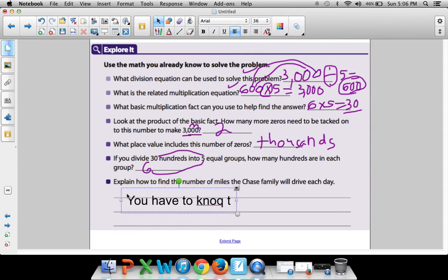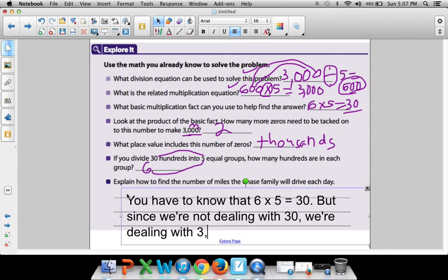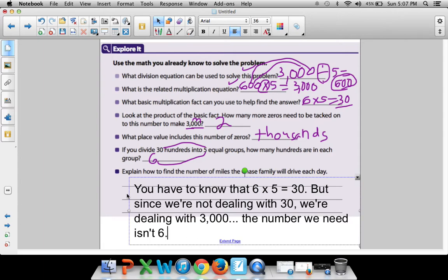You have to know that 6 times 5 equals 30. But since we're not dealing with 30, we're dealing with 3,000, the number we need isn't 6.